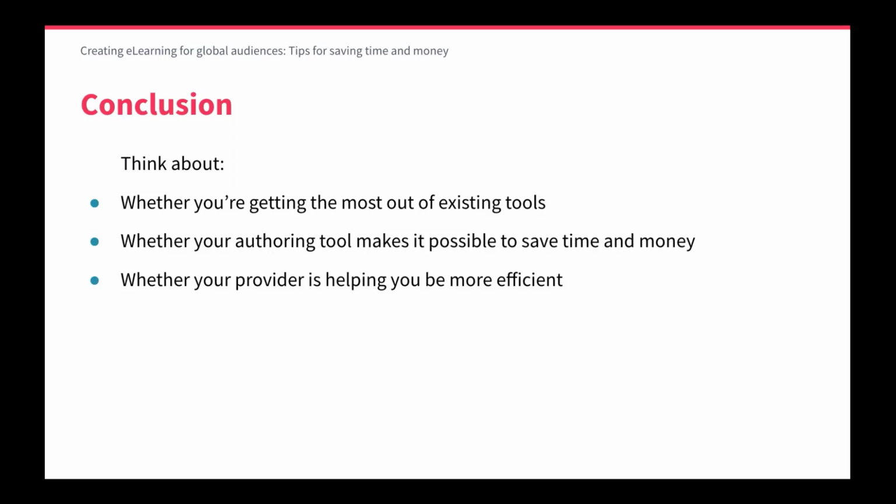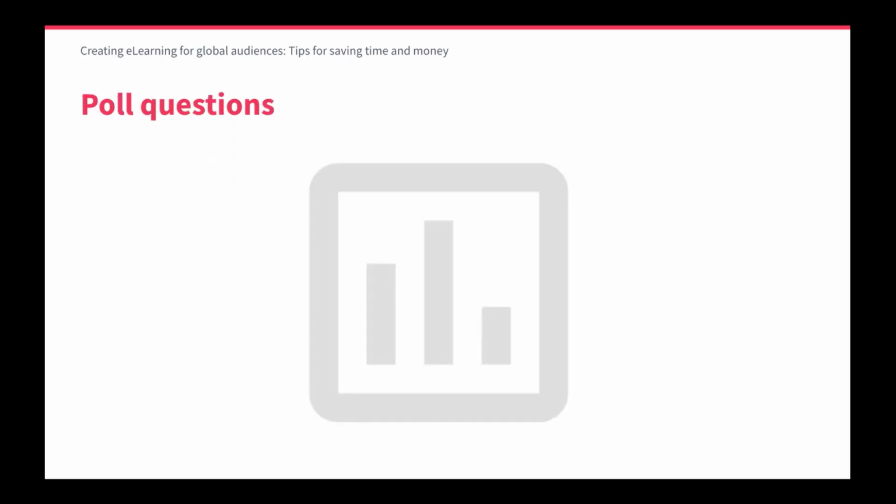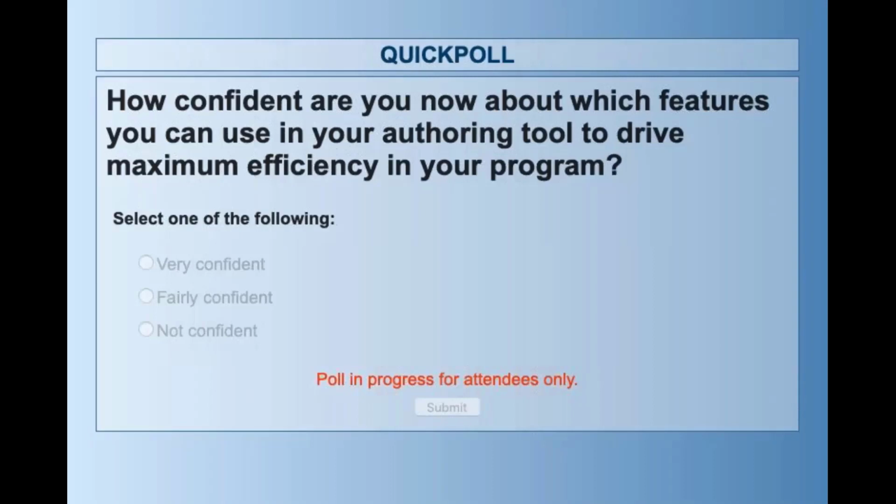As we're closing off the session today, I'd like to open up the poll again, please. It's the same two questions again. If everyone could take a moment to answer: has your confidence level changed in understanding what features might help you to drive those efficiencies with your e-learning?